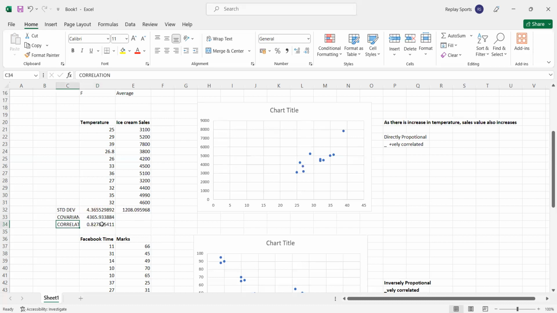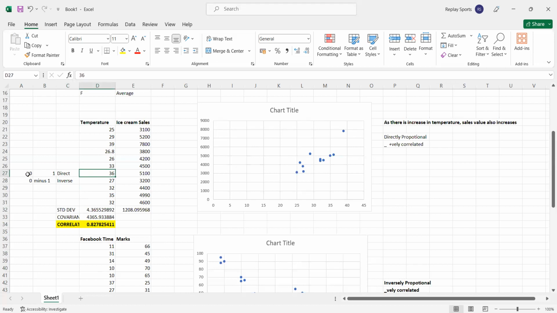Correlation will always be between 0 to 1, and 0 to -1. This is for positive correlation, direct proportional. Inverse, because I can't write plus and minus, that's what I'm writing. So direct, or we say positive correlation.